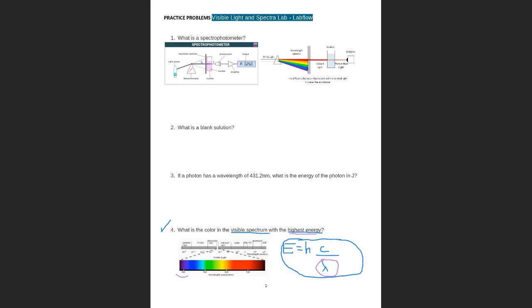If we look on the other side, red is the color of the lowest energy, and thus the highest wavelength in the visible spectrum. But what if I ask you, what is the color of the highest frequency?